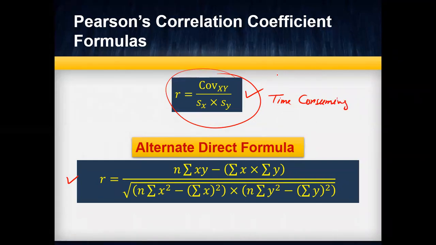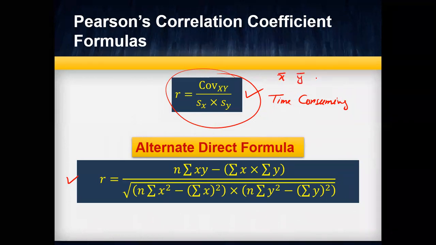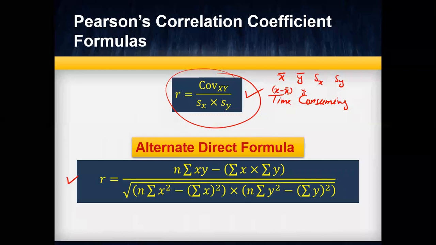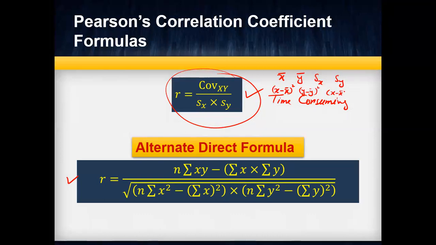Because first you have to calculate x bar and y bar, then the standard deviation of x and of y, then x minus x bar, then y minus y bar, then their squares, then their product, x minus x bar multiplied by y minus y bar.